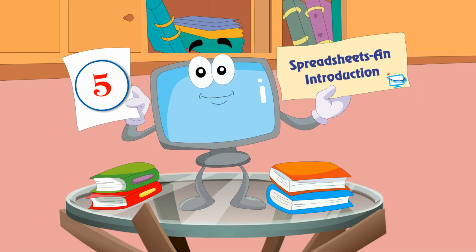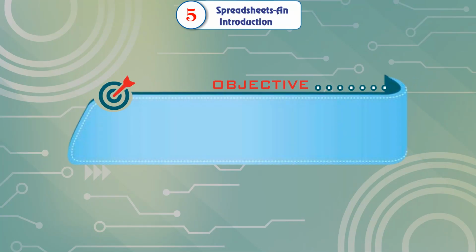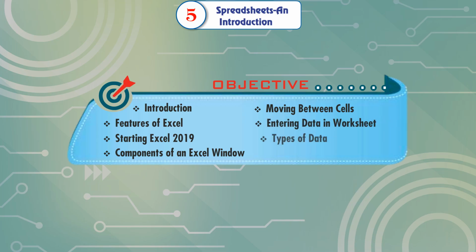Chapter 5: Spreadsheets and Introduction. Objective. Introduction. Features of Excel. Starting Excel 2019. Components of an Excel window. Moving between cells. Entering data in worksheet. Types of data.